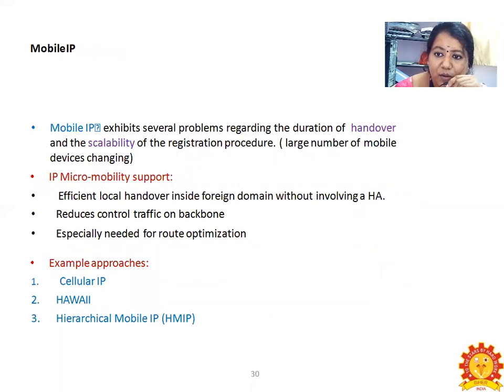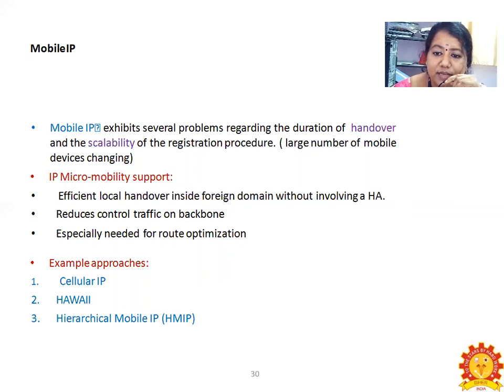Mobile IP exhibits several problems regarding the duration of the handover and the scalability of the registration procedures, with a large number of mobile devices changing location. First is IP micro mobility support, which gives efficient and low-delay handover inside the foreign domain without involving a HA.